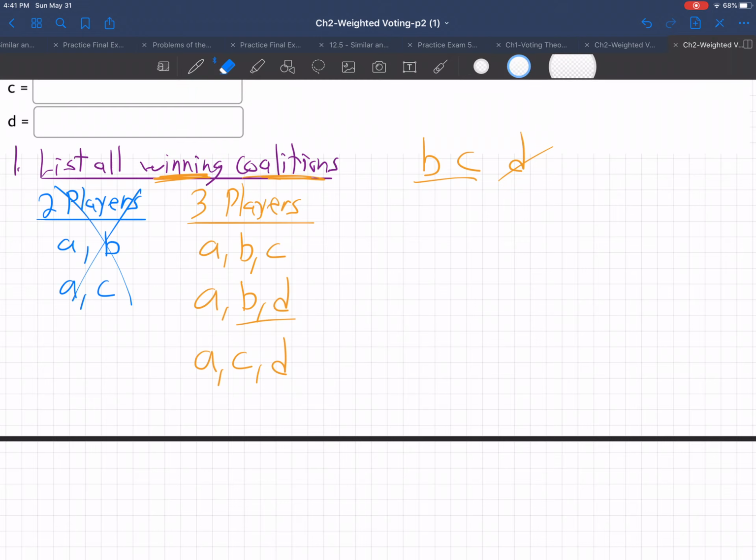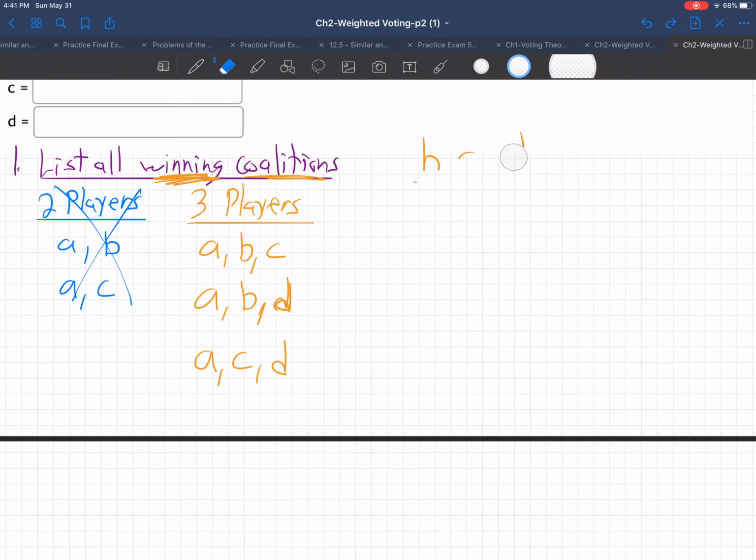Are you tracking with that? So do you see those are the different combinations that we could have? Those are the only 3-player teams that are going to be winning teams. Right? You got to have A, and then they have to have 2 others, either BC or BD or CD.